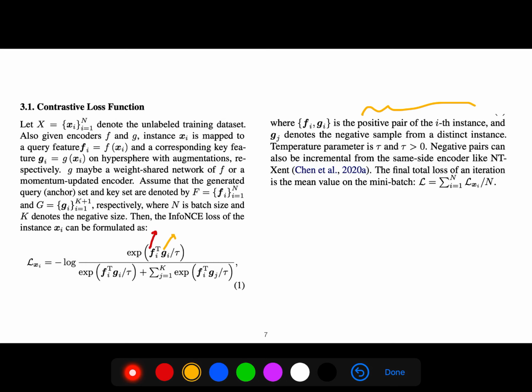Negative pairs can also be in an in-batch form, the same-side encoded like NT-Xent, and the final total loss of an iteration is the mean value of the mini-batch. So it's just for one instance x_i, and then we sum over all of these instances because we have many instances.